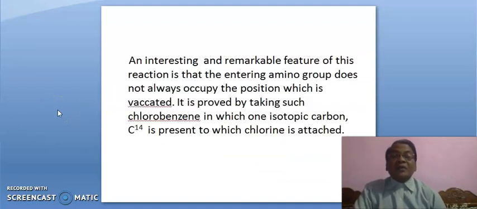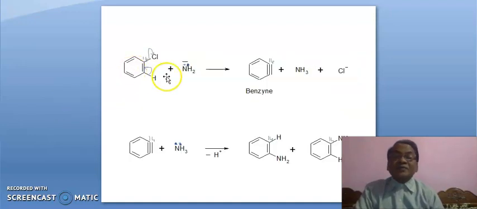Okay. Now an interesting fact is this: if you are taking C14 here in this amide ion reaction, then you will see that two types of aniline are produced.